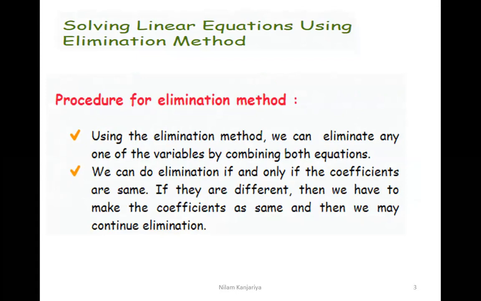Elimination method is a combination of the two equations. If you want to eliminate, you can make the coefficient same, but they both have a different sign. One is positive, second is negative. Then you can subtract both.